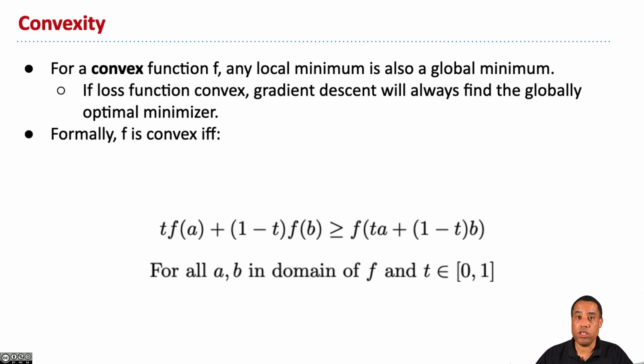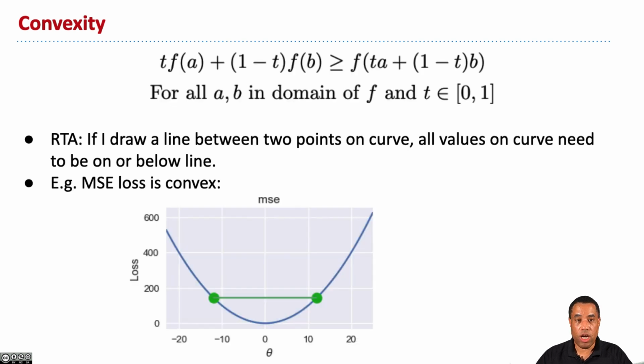And this is because of a lack of convexity. For a convex function f, any local minimum that we have will also be a global minimum. So if our loss function is convex, then gradient descent will always find the globally optimal minimum point. All right, and here's the formal definition of a function being convex, but let's look at it intuitively.